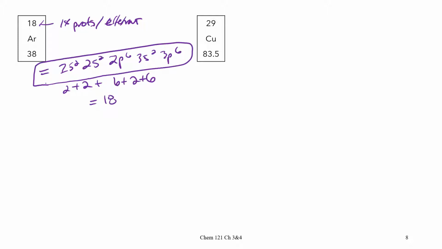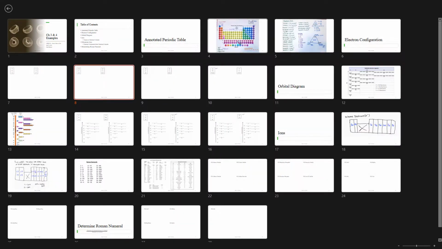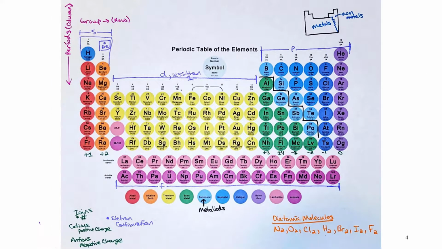So let's look at copper. Copper is one of our transition metals. For now, we're going to say that there are 29 electrons and protons. If we go back to our periodic table, we have this D less than 1. So when you get to the transition metals, you're going to take that front number and bring it down 1. So for example, we want to get to copper down here, 29.